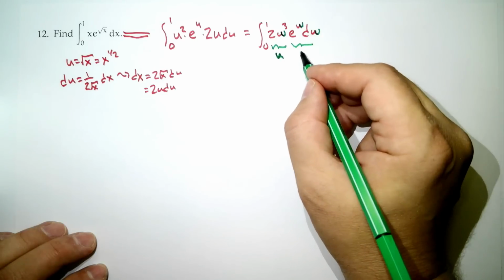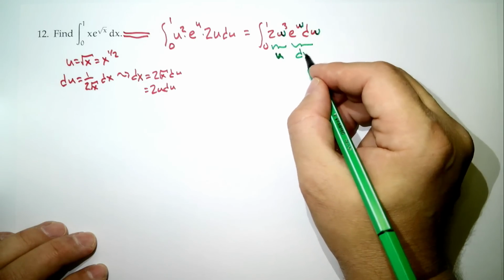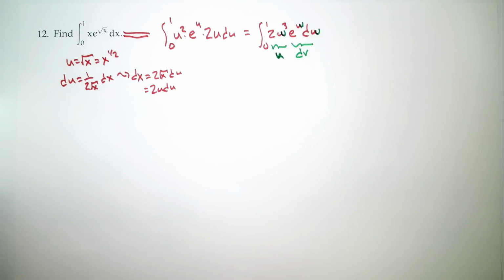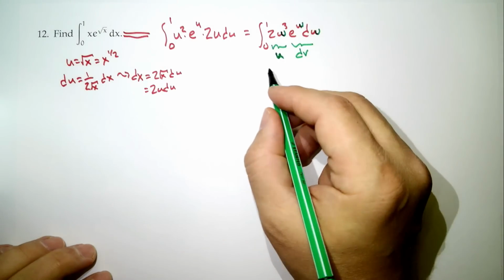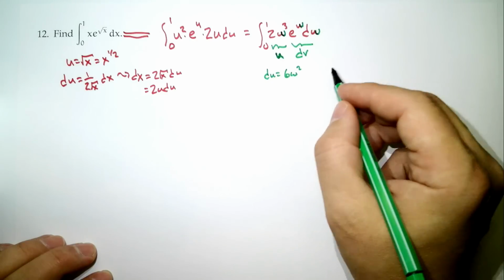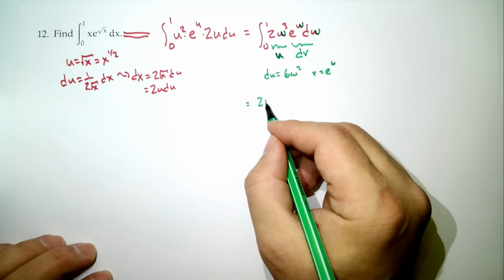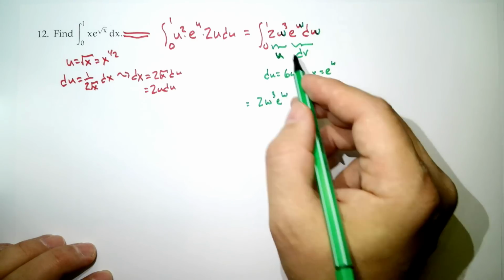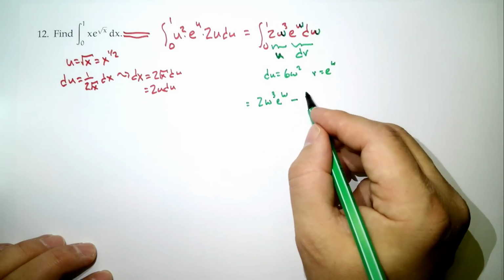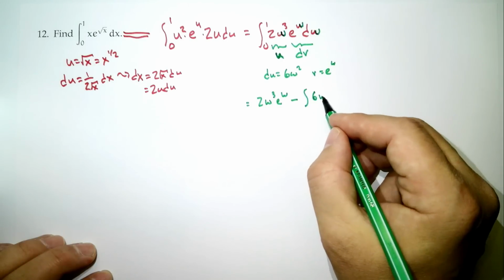Whoops. I made a mistake right away. So the polynomial part, that's the part we're going to take derivatives of, and the exponential function is really nice, so that's going to be the dv. All right. So du equals 6w squared, and v equals e to the w, meaning that we're going to get 2w cubed e to the w minus the integral of 6w squared e to the w.